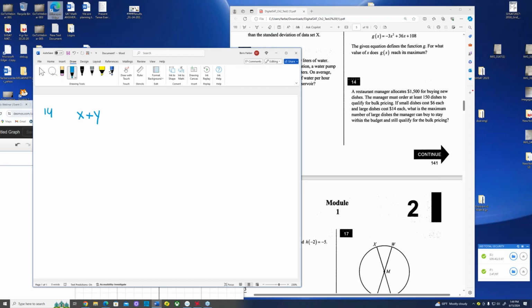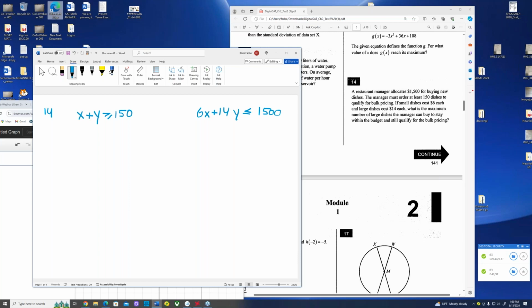And this is supposed to be at least 150, greater or equal to 150. And in addition, you have $6 for small, and $14 for large. And this you cannot exceed $1,500. You have it like this, right? And your question was, pretend you don't have decimals, how to solve this problem, right?